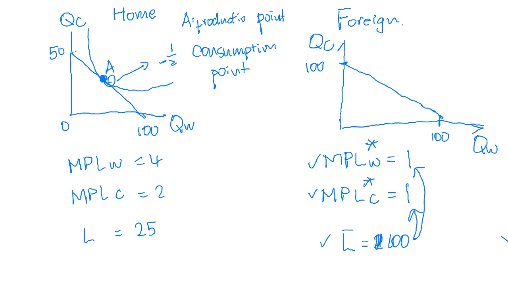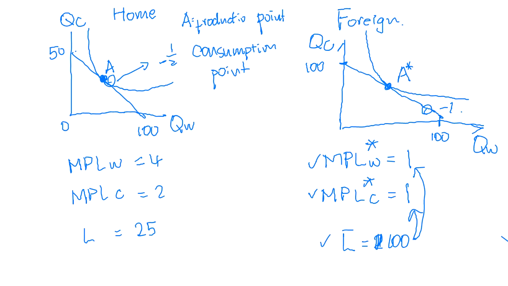And then if I have the indifference curve, the utility function of the foreign country, I could pin down the production point and the consumption point in the foreign country as well. Basically that's what we left off last week, a brief refresher of last week.